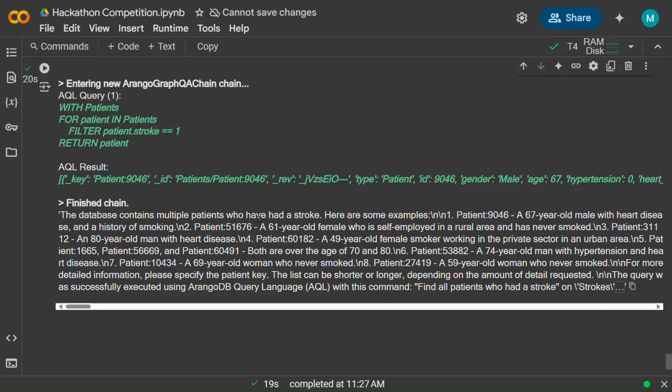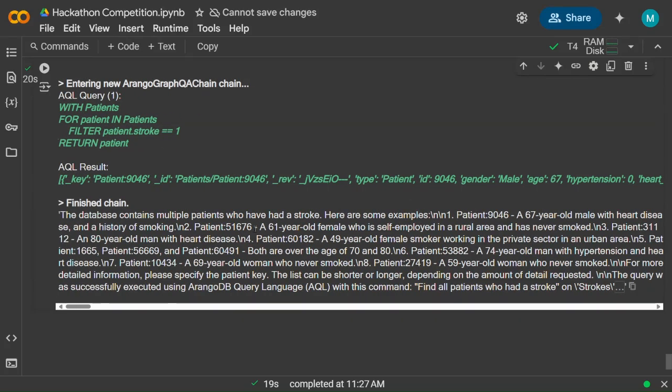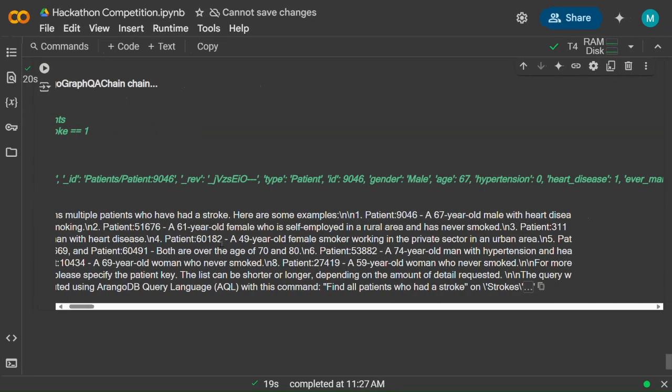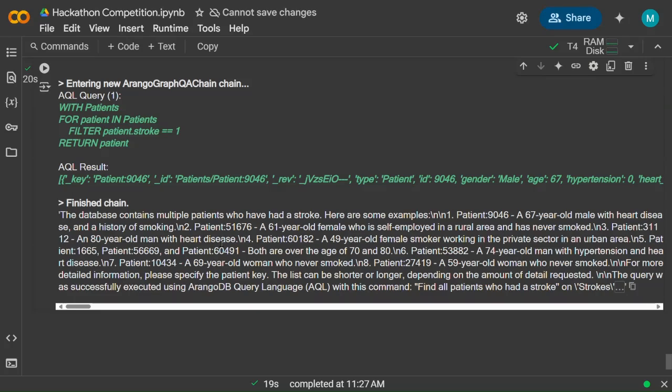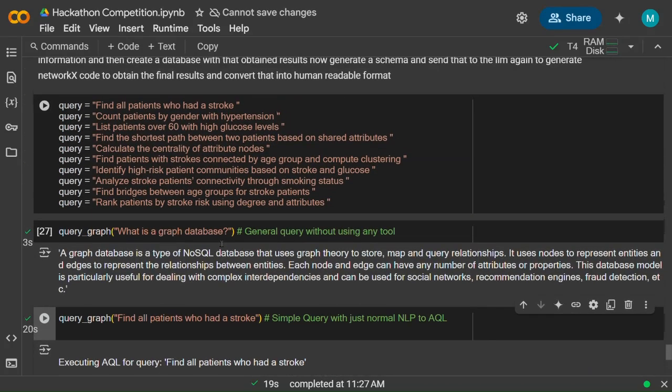The database contains multiple patients who had strokes. So if I were to build only patients as nodes, I don't think I would have gotten this much information. So that's it, I guess. Analyze any, let's say, any random question.